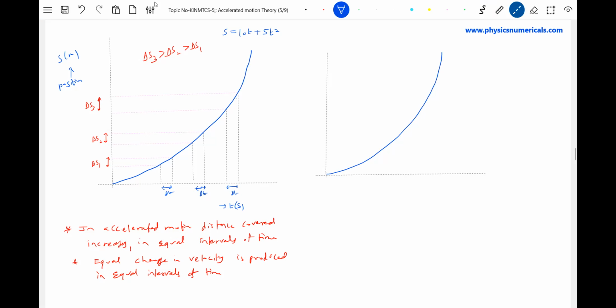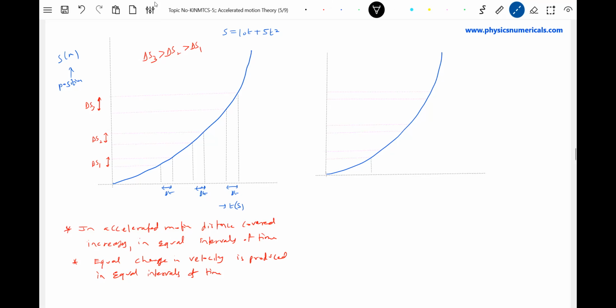Now we'll take the equal displacements. So the pink color lines will be of equal displacements. I'm trying my level best to give a suitable graph. The spacing between the pair of lines will be the same.